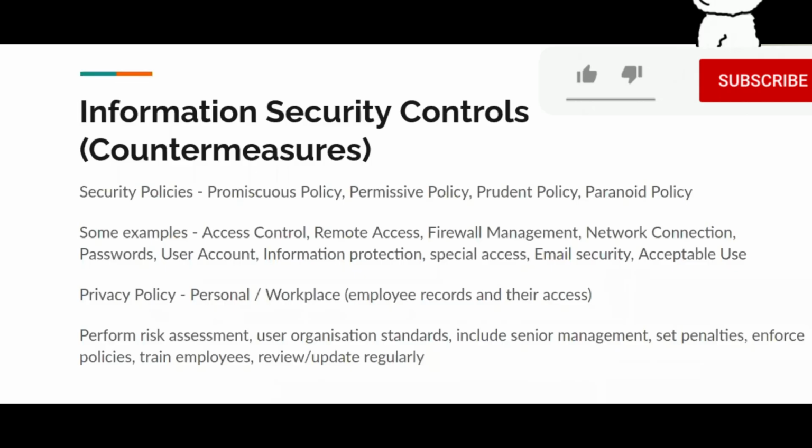Then there are privacy policies which are defined for people and individuals, and usually they are done by HR, related to employee records and their access. Usually, people have policies for workplaces. Then, whenever these countermeasures are deployed, they have some kind of an assessment. You have user organization standards.